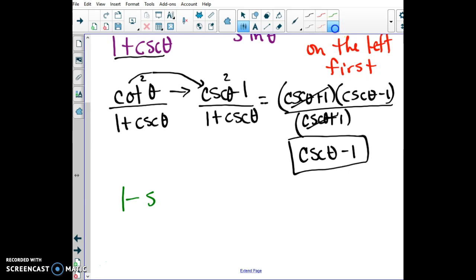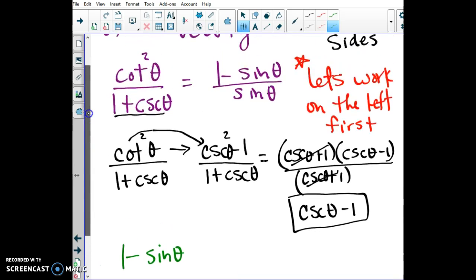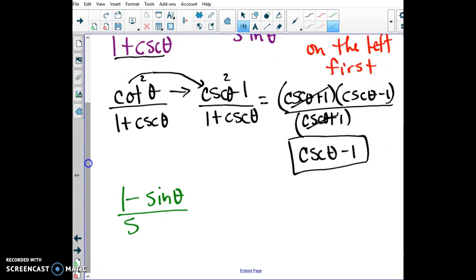1 minus sine theta over sine theta. And we can see that we can break this up into 1 over the sine of theta minus sine of theta over the sine of theta.